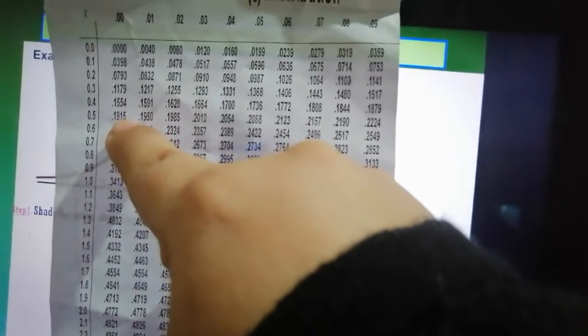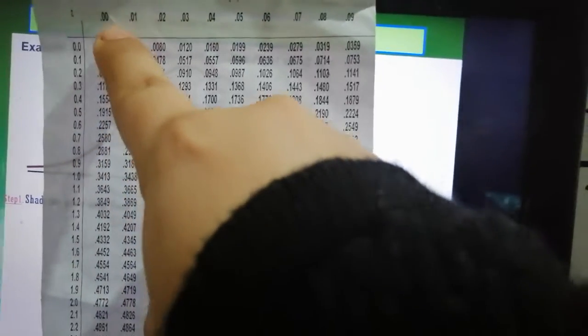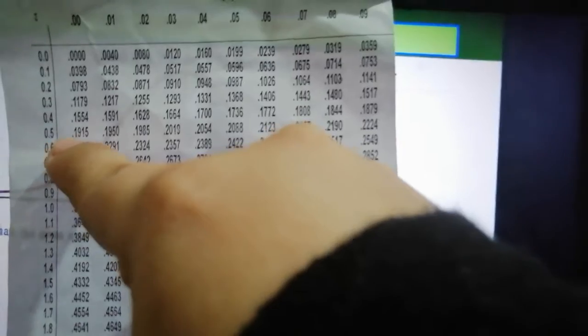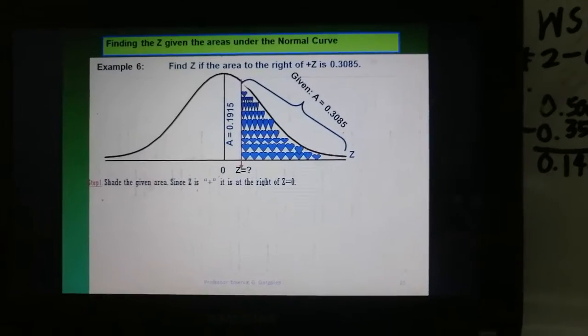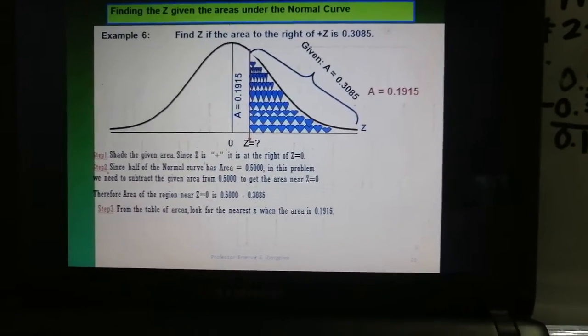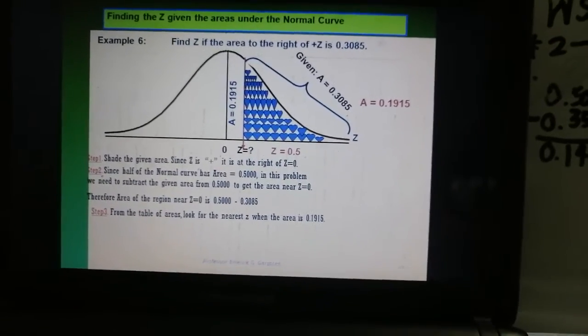This time, we are given 0.1915 and we need to get the z-score, 0.50. Did you see that? 0.50. Positive or negative? Positive, because it's in the upper distribution. I hope that one is clear.